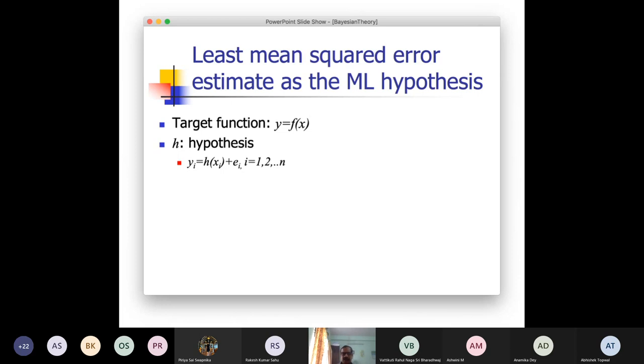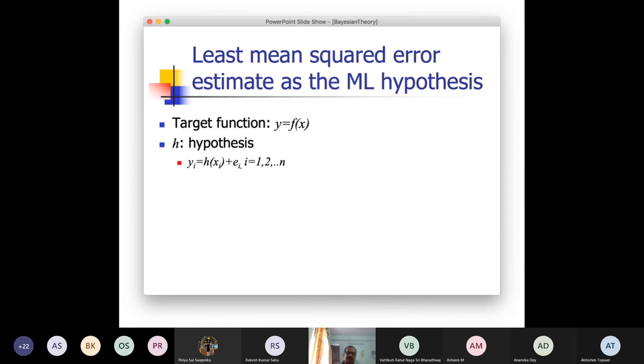So the true output is yi, that is the observed output. When you are estimating the corresponding function, there are approximations involved, and you can consider that these observations may be noisy also.